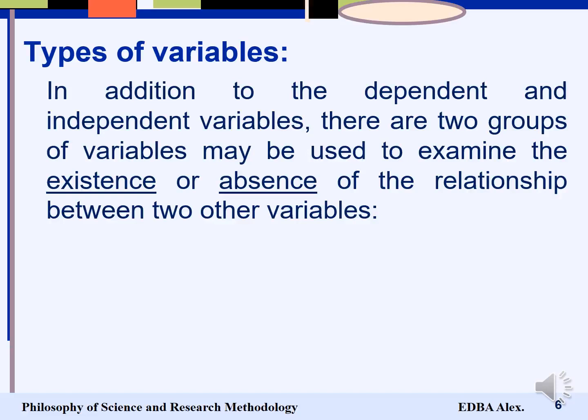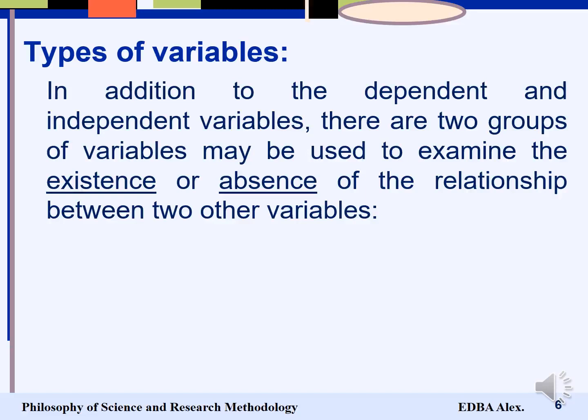Here we have a group of new variables. We use them in order to examine the existence of a certain relationship. Because we use these variables to examine the existence or absence of the relationship, we call them test factors.